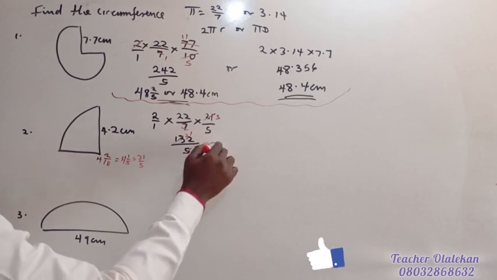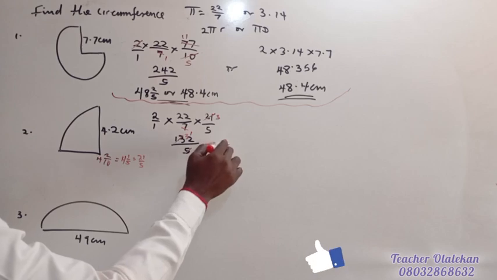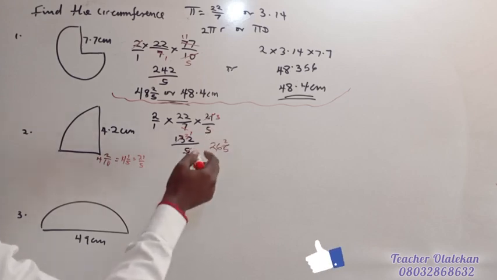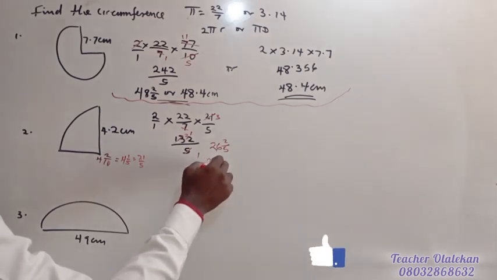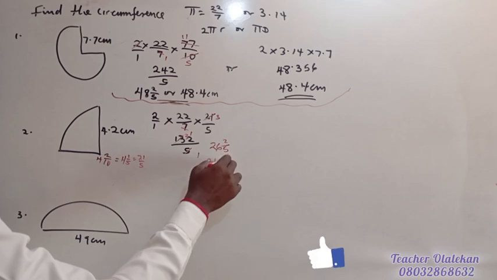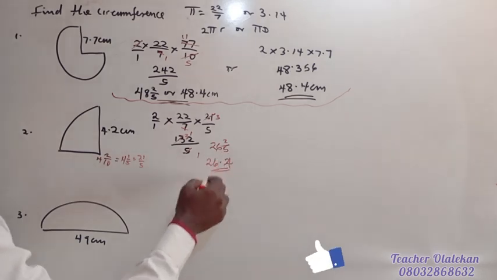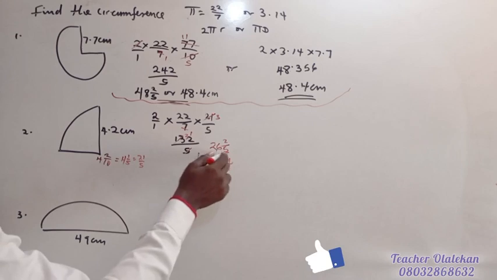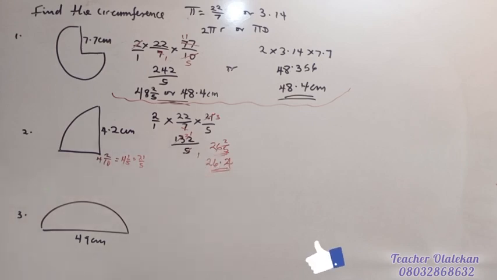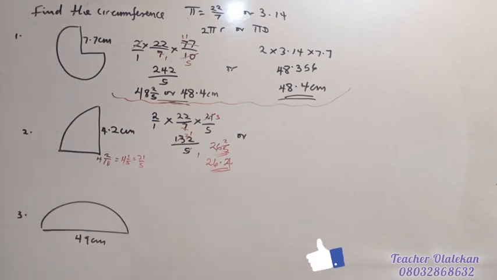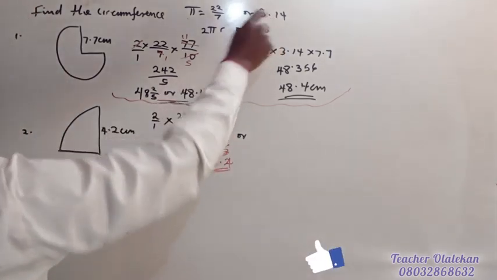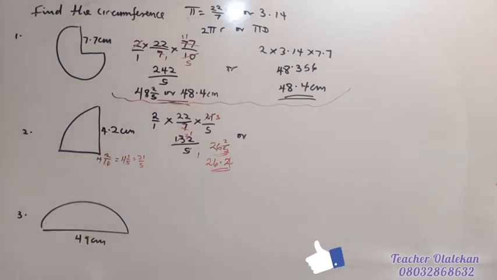That is 26 and 2 over 5, or you take your answer to decimal, which will be 26.4. So either this or this. That's the answer.